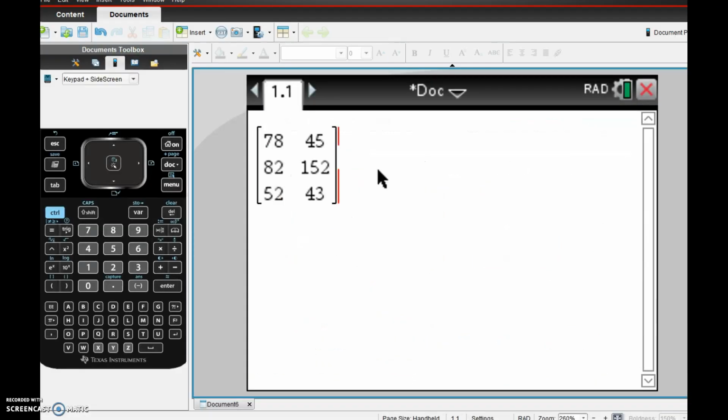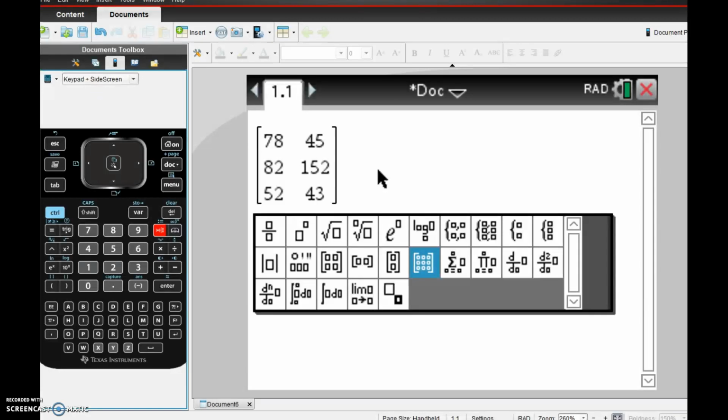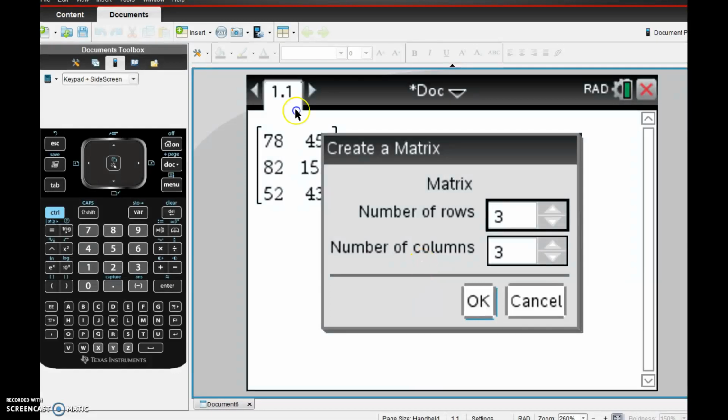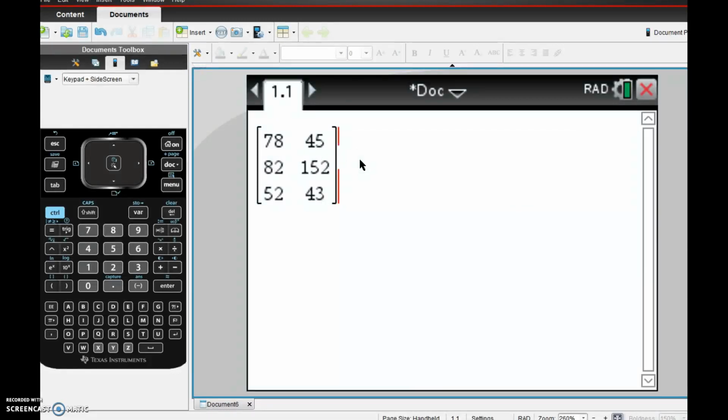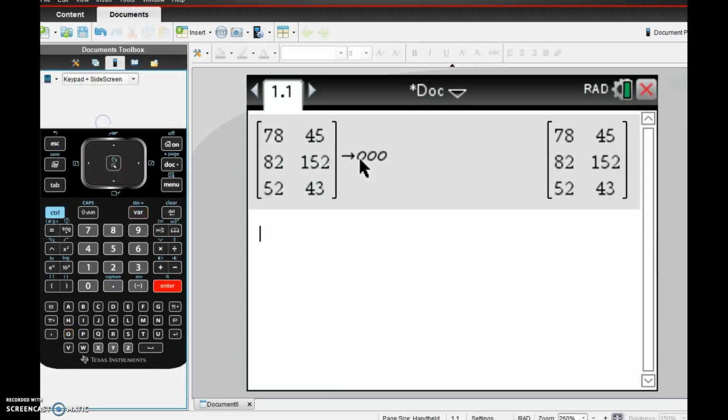I went to the button next to the 9. I selected what looks like the 3x3 matrix, and I put in a 3x2 matrix. I put in the observed counts. Let's store this as matrix A for observed. Let's just run the test.